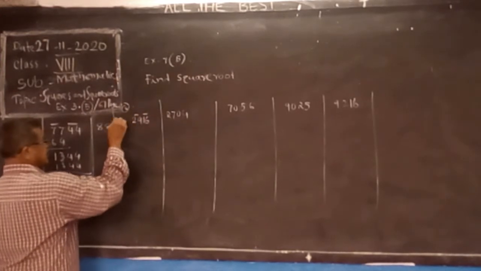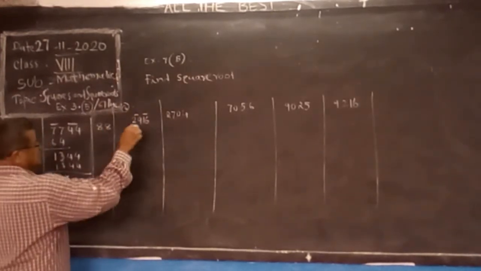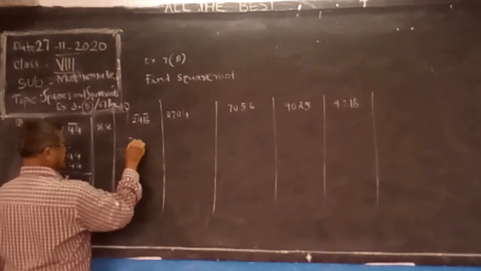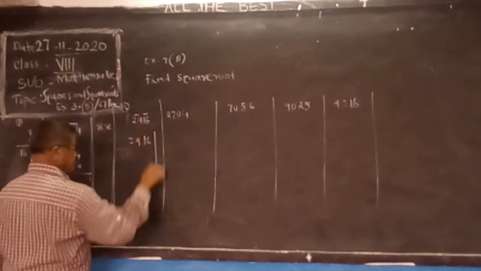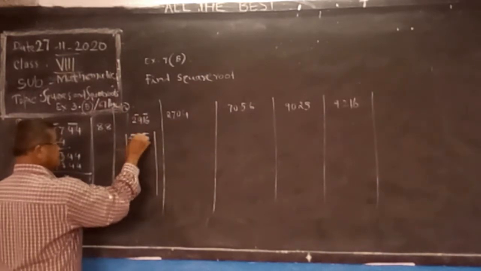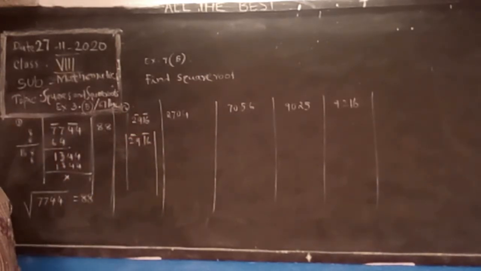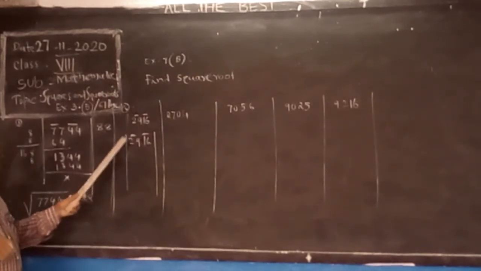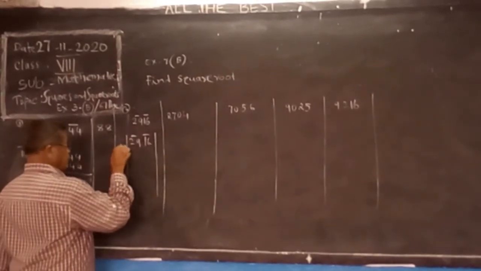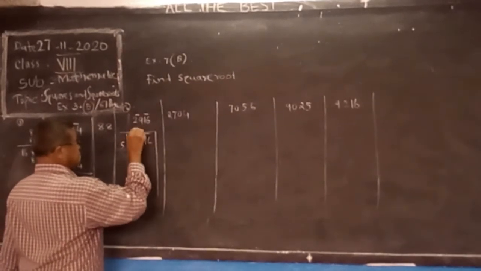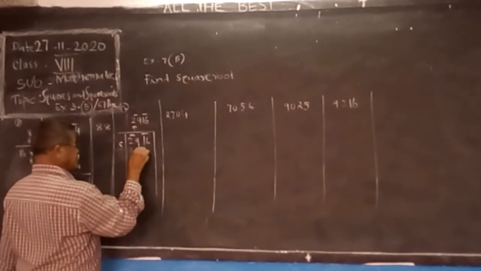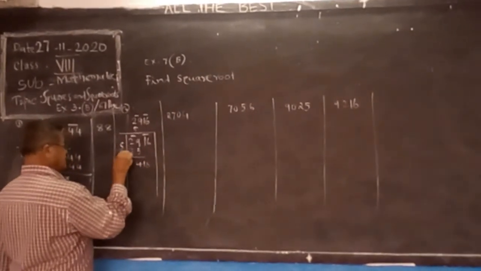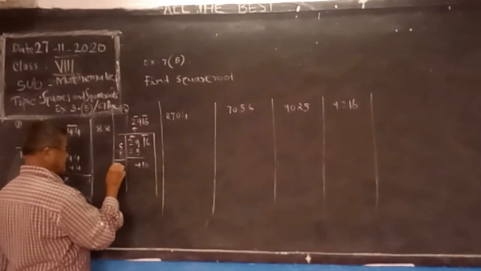First of all, make pairs. 2916. Make pairs. Now read the table. 29 is there. It is possible with 5 fives are 25. Remainder is 4, then 16. Repeat the same number, 10.